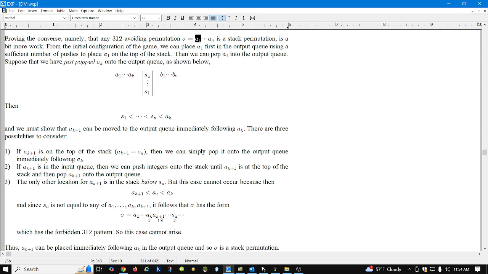So when we look at sigma, we see it's A1 through AK plus 1, some other stuff, SU, and that has the forbidden 3-1-2 pattern.